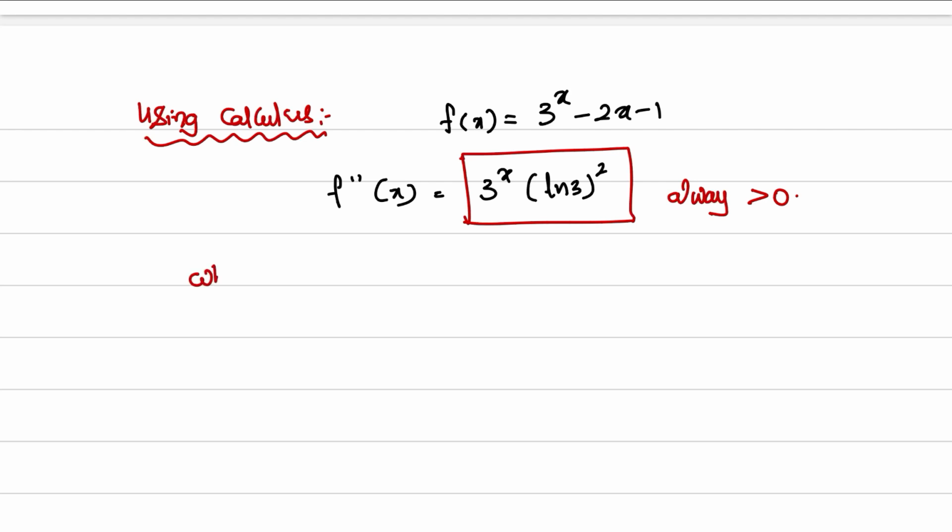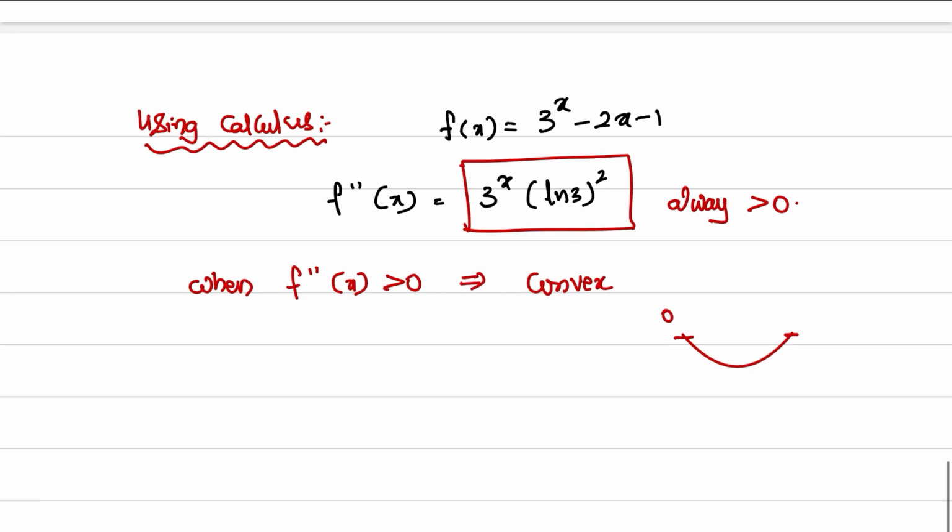When from calculus function double dash x is greater than 0, that implies it is convex. Between the roots it is convex. That means it will be like this. This is one root, this is another. That means in between these two roots 0 and 1, we can definitely say that there is no other root because it is convex.